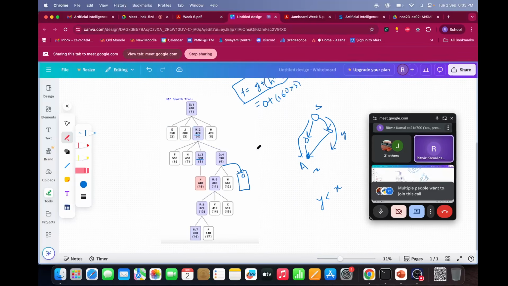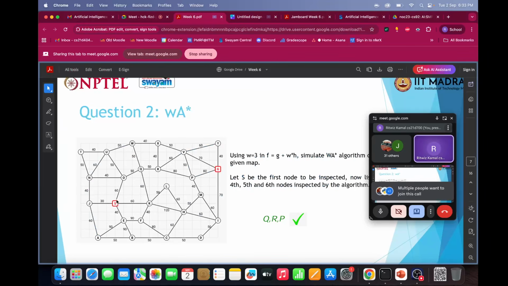Okay. Fair point. Let's see if that will have a different cost. If we go from S to K to Q to O, we would have S to K 60, to Q 60 again, so 120, and then Q to O would be 170.